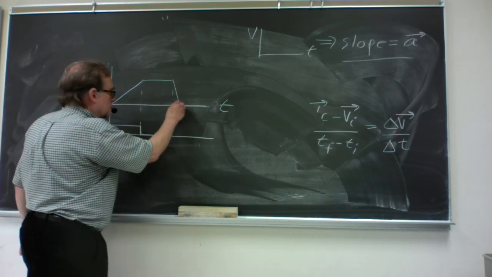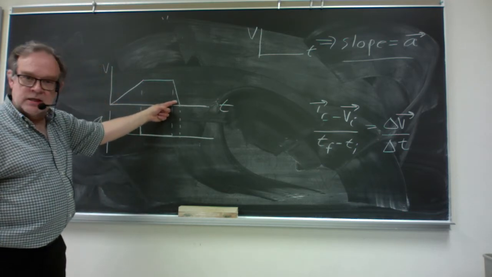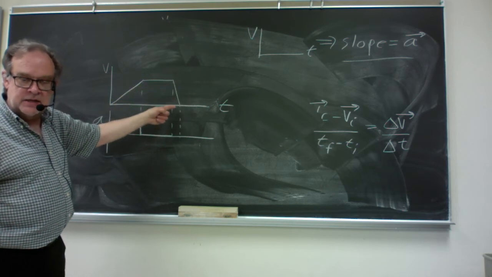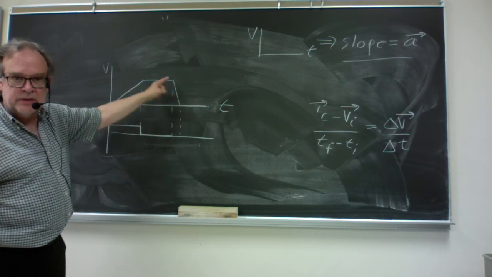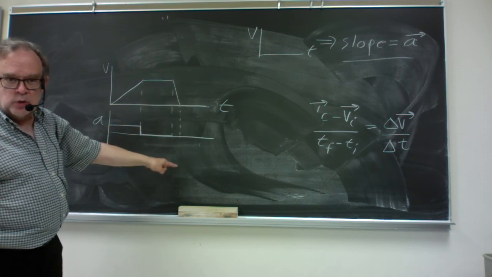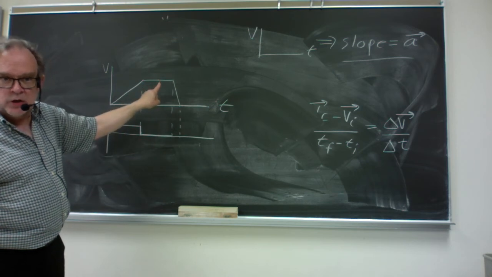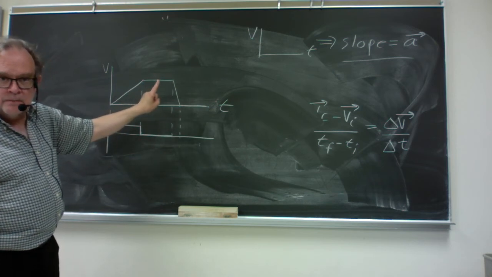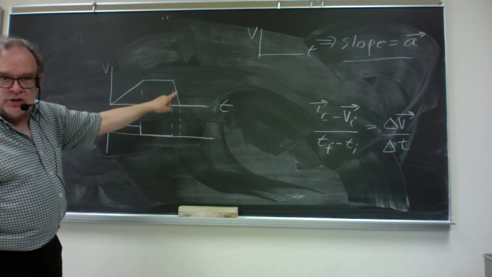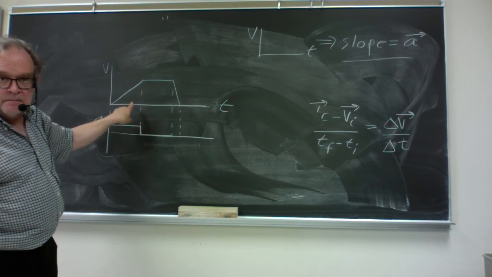Now in this time interval, the slope is constant and negative. Velocity is positive and decreasing. Slope is constant but negative. So acceleration is constant and negative because on this graph, slope is acceleration. However, this change in velocity happened much quicker than this change in velocity.